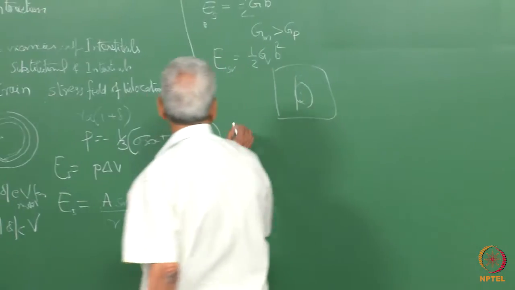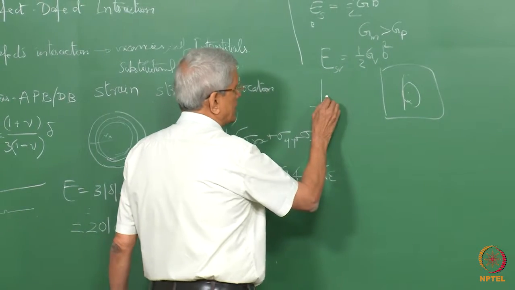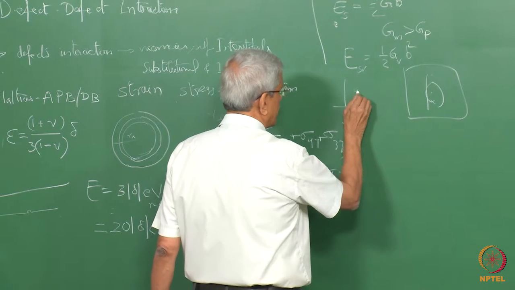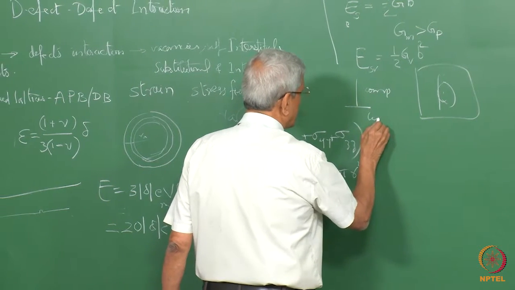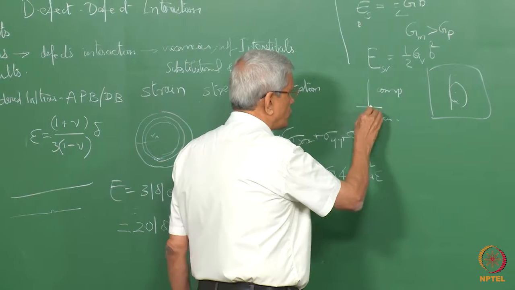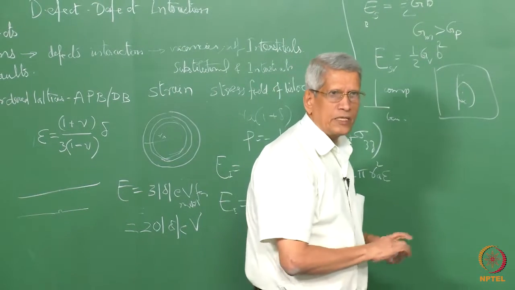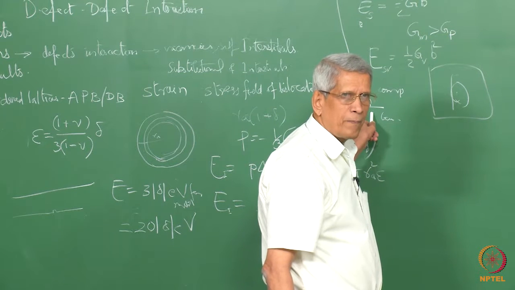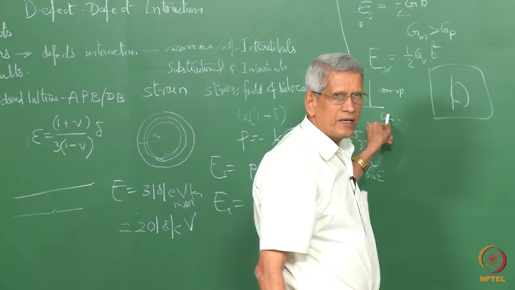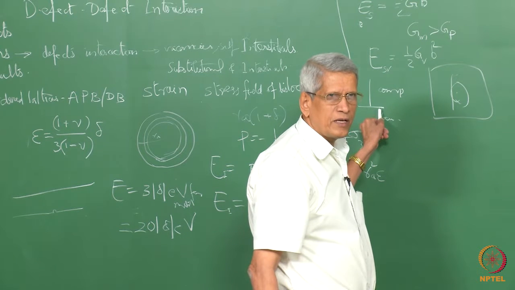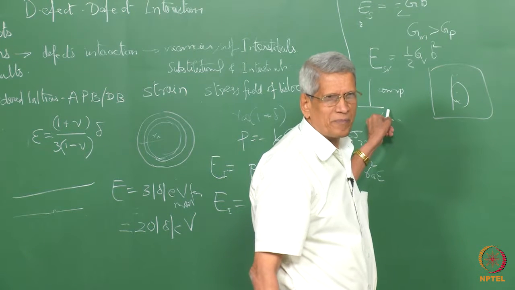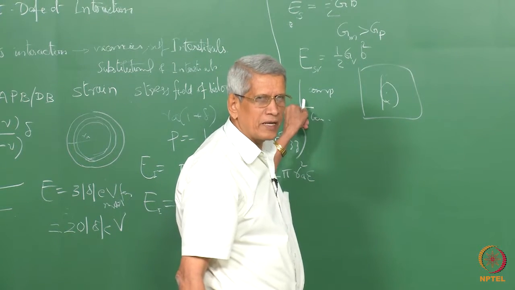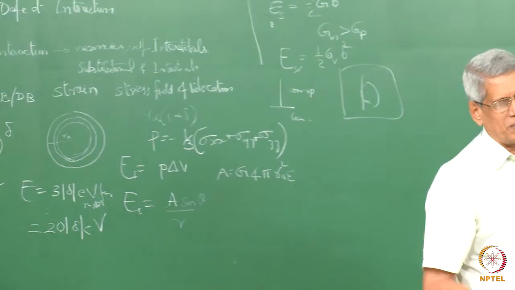Another effect which normally is ignored is this: whenever we look at an edge dislocation, there is a compressive stress here, and tensile is going to be there. Closer towards the core, in this region, there's going to be less of atoms, means that atom is not going to be there. That region has to be replaced with some electrons which have to come, correct? And here it will be the other way around, positive. That means some dipole interaction will take place.